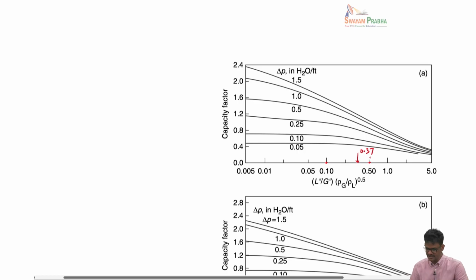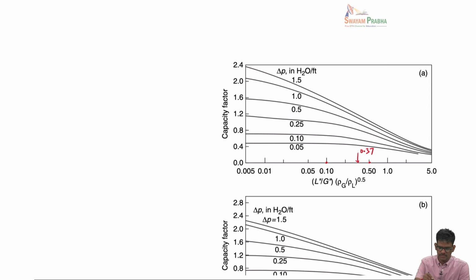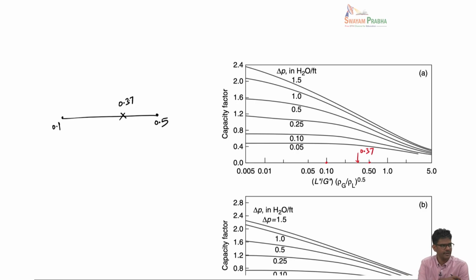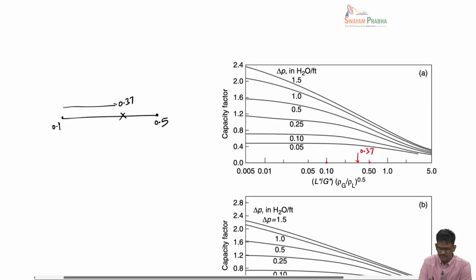So the way you do this is you write, so let's take 0.1 is somewhere here and 0.5 is somewhere here, and let's say this 0.37, I don't know where exactly it lies, but it has to be somewhere in between, and I know it's going to be closer to 0.5 than to 0.1, and let me say that this distance is A from this point.